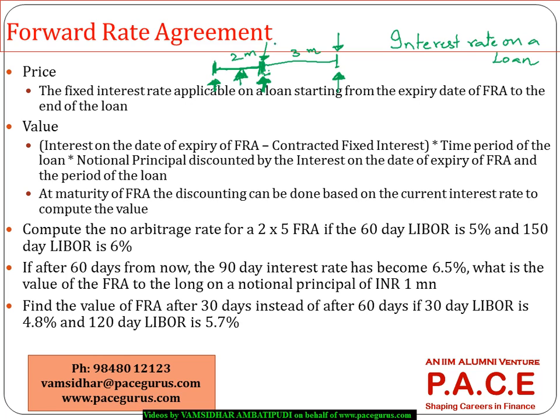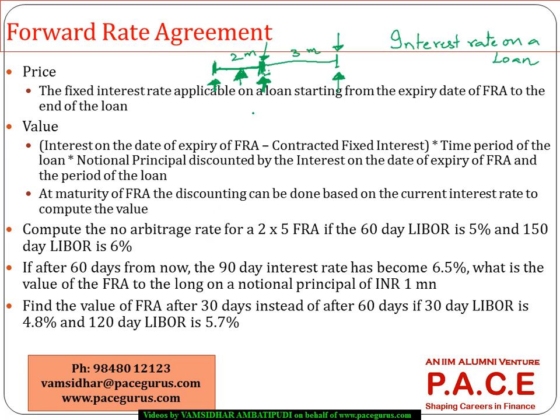So there are two different instances where I look at finding the value: one within the period of the FRA itself, and one on the maturity of the FRA. We will look at all these scenarios with a couple of examples which can simplify the understanding. So the pricing as well as the value of the FRA is what we will consider.